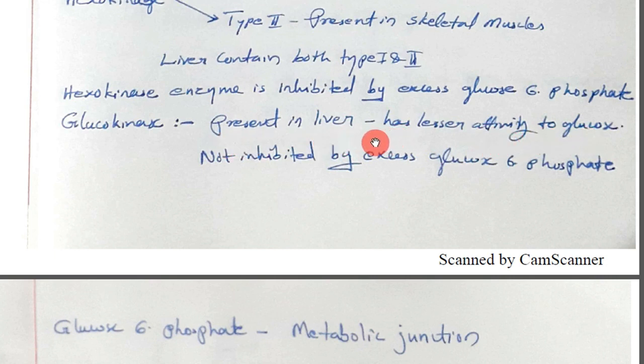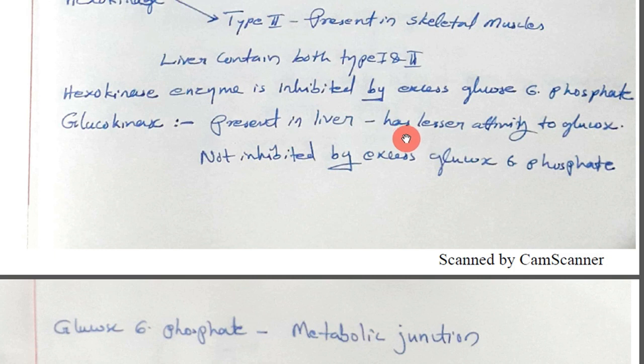That means it will phosphorylate glucose into glucose 6-phosphate with less efficiency or with less velocity, reaction rate.